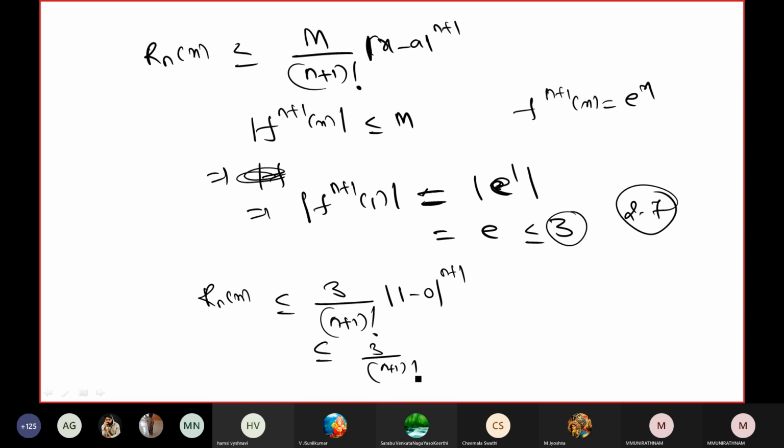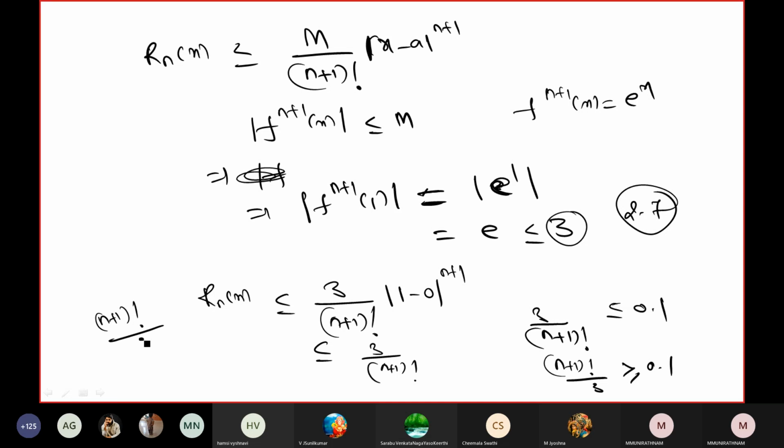So what do we want? The remainder should be within 0.1, so what value of n do we need? Taking the reciprocal, n plus 1 factorial by 3 should be greater than or equal to 0.1.